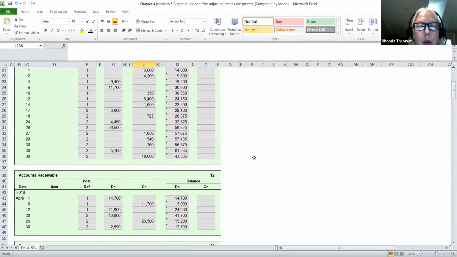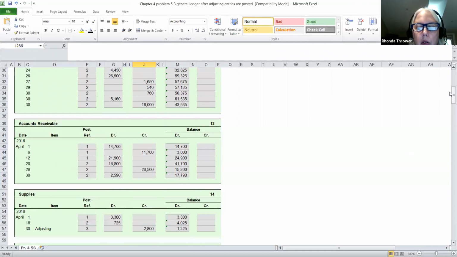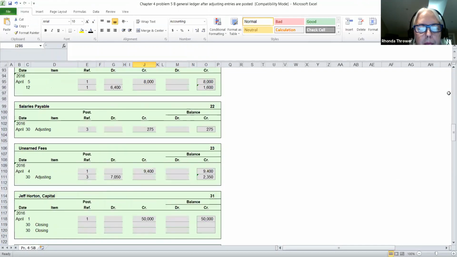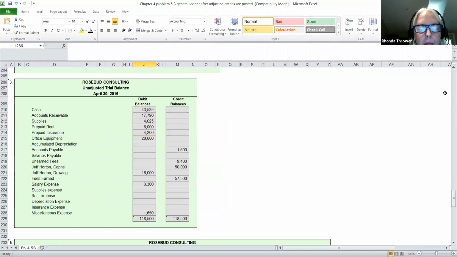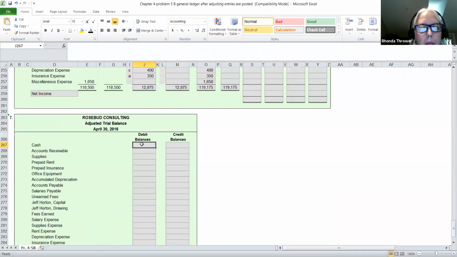cash. The $43,535 is going to go in as a debit because cash is an asset account. It's going to have a debit balance.